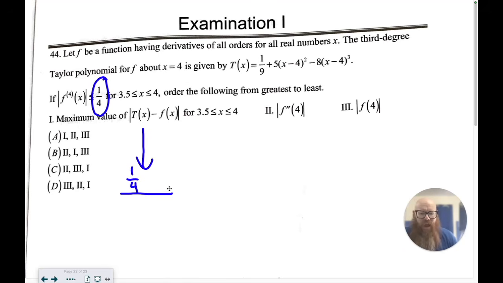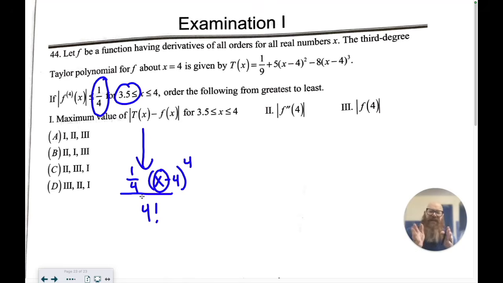And then you're going to multiply by, let me just write it out. In this case, the center's 4, so it's x minus 4 to the 4th, all over 4 factorial. But we're replacing x with 3.5 because that's what we're given there.